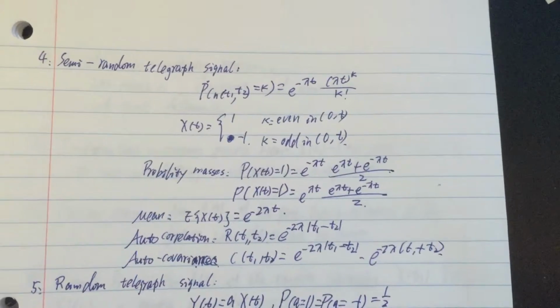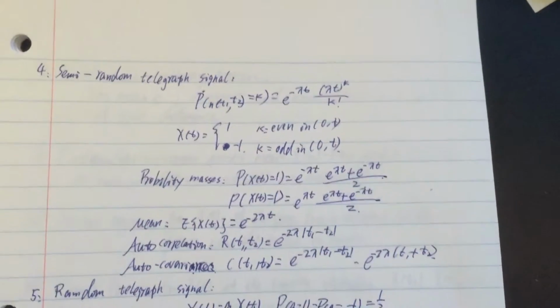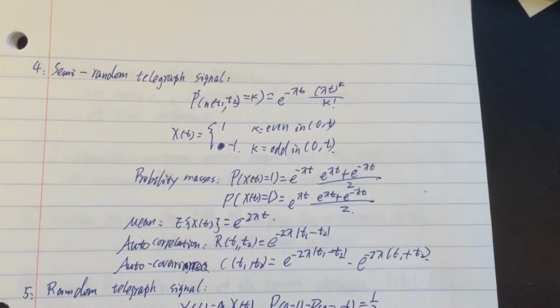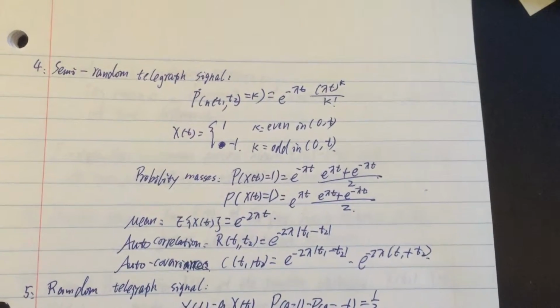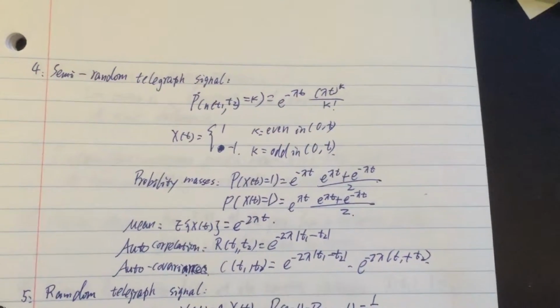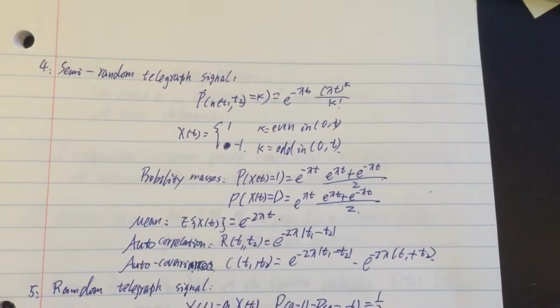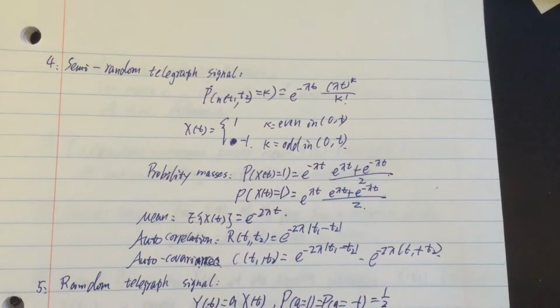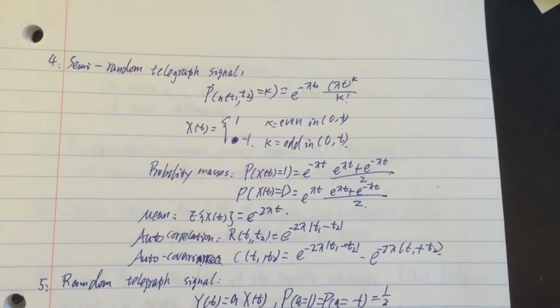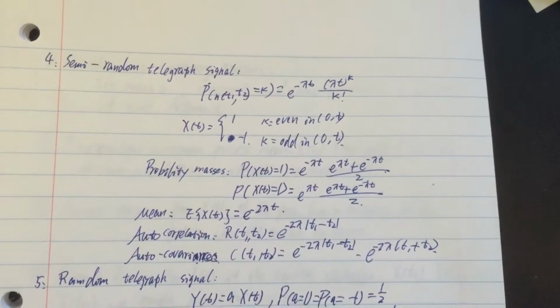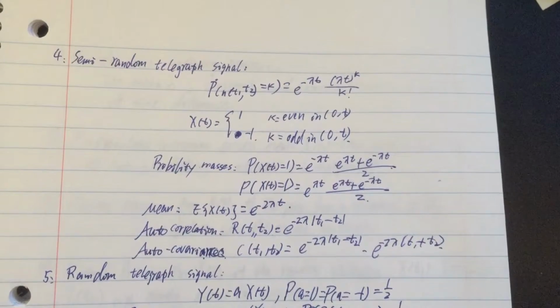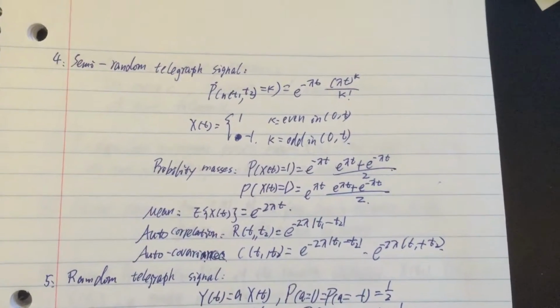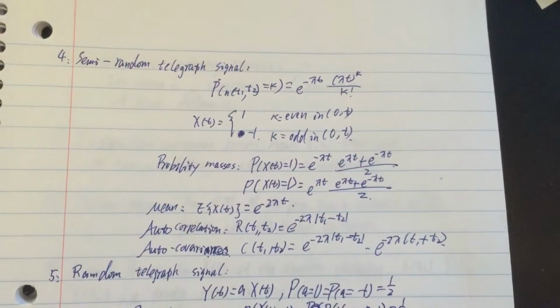The fourth one is the semi-random telegraph signal, which is P(n(t1, t2) = k) equal to e to the negative lambda t times (lambda t) to the k over k factorial. X(t) equal to 1 when k is even in the interval 0 to t, and X(t) equal to -1 while k is odd in the interval 0 to t.